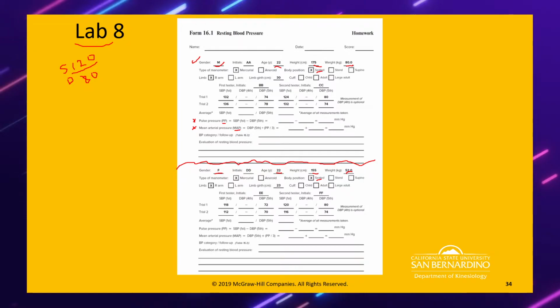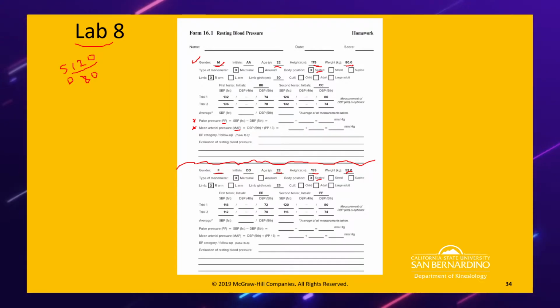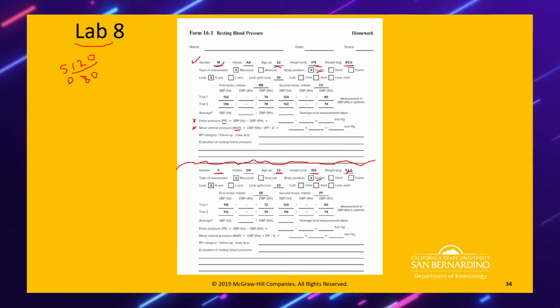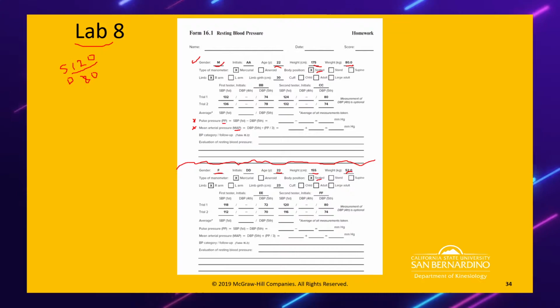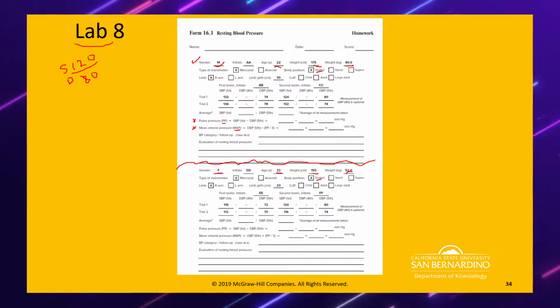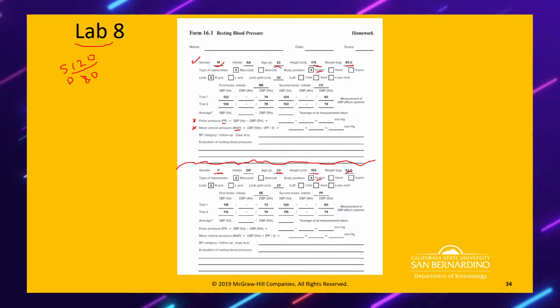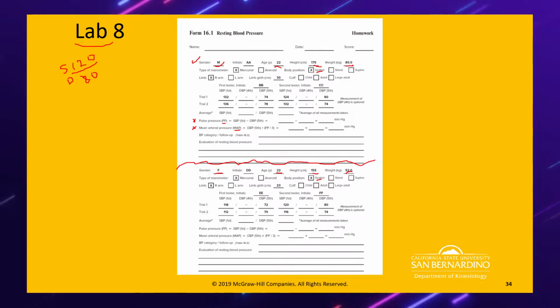We are dealing with the right arm, and you can do right or left, but when it comes to initial testing, we usually aim for the right arm. So you can kind of see the trend I'm trying to set here. When we are coming in for the first time to get a blood pressure test, we want to do a seated position, and we want to use the right arm.